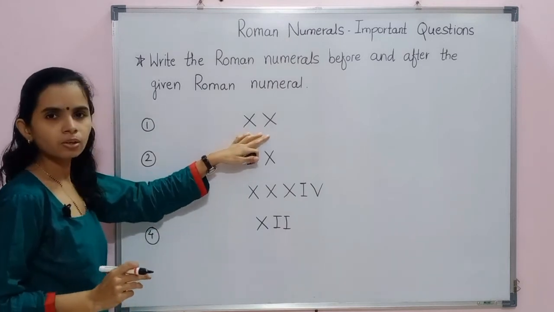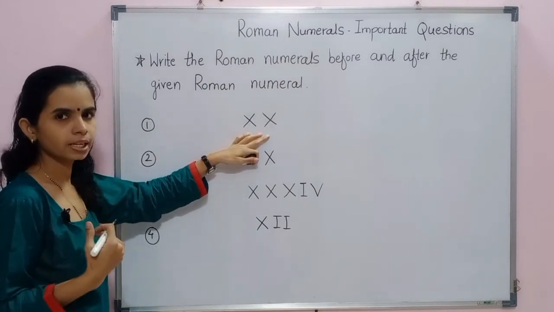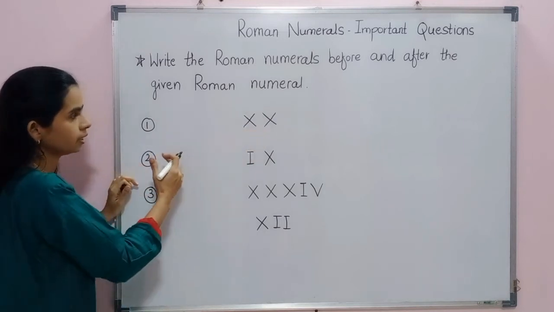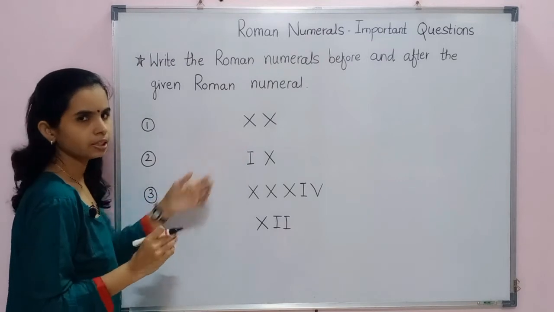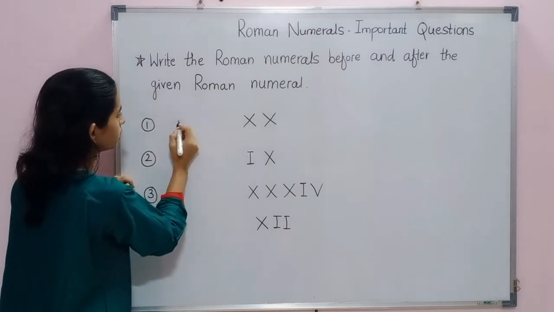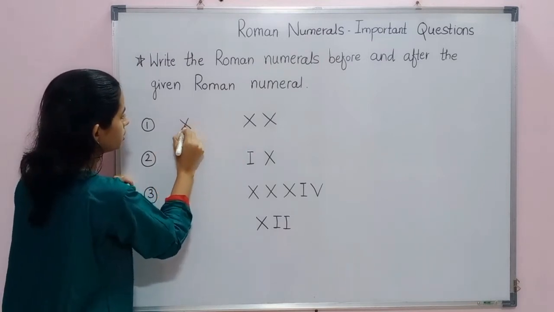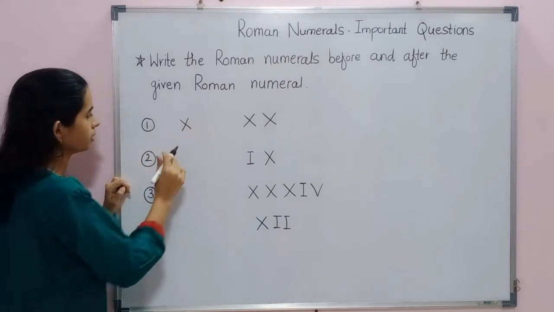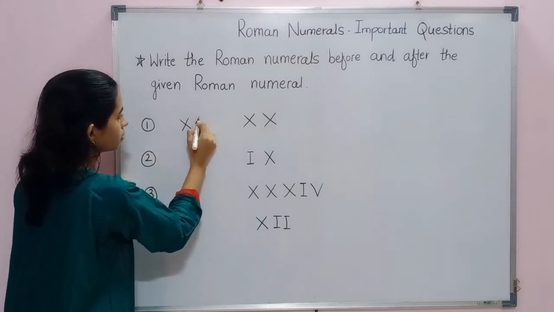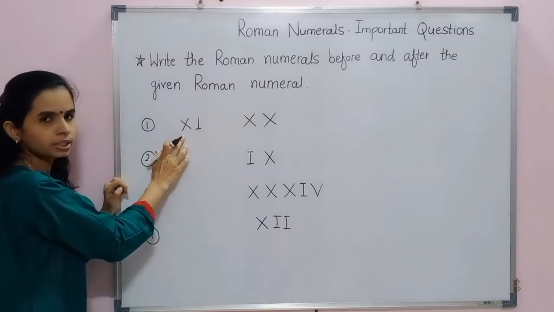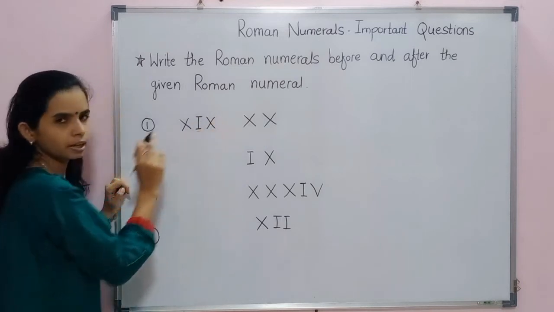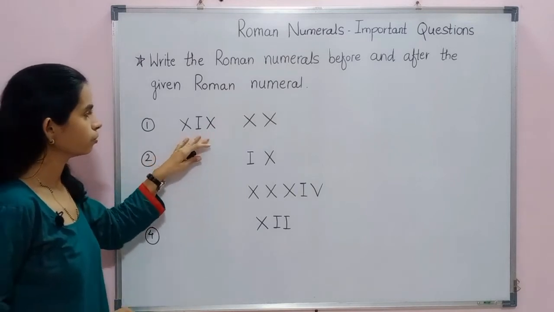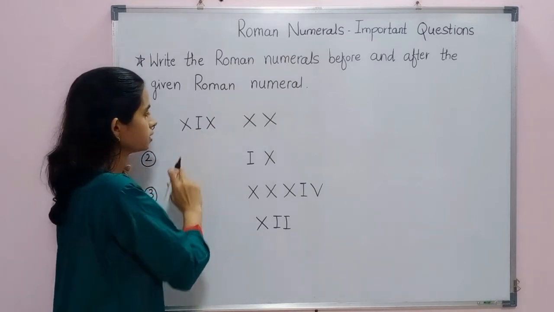The predecessor of 20 is 1 less than it, means 19, and we will write 19 in symbolic form in this way. 19 means 10 plus 9. For 10 the symbol is X, and for 9 the symbol is IX. So we found the predecessor.